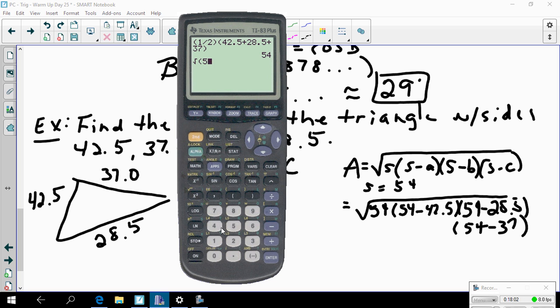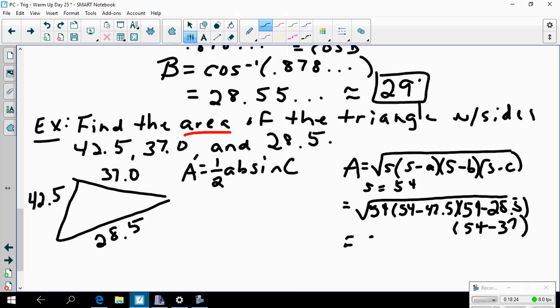Square root of 54 times (54 minus 42.5) times (54 minus 28.5) times (54 minus 37). That gives me an area of about 518, we'll say 0.8 because everything else is the nearest tenth. 518.8, and there's no units. So actually we'll call it meters. So meters squared.